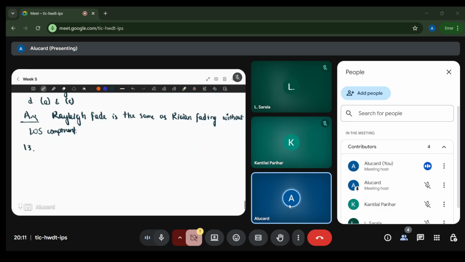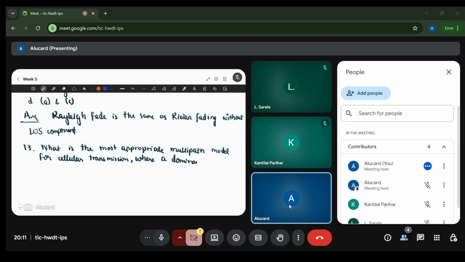Question 13 asks what is the most appropriate multipath model for cellular transmission, where a dominant LOS plus many weak reflections are present.